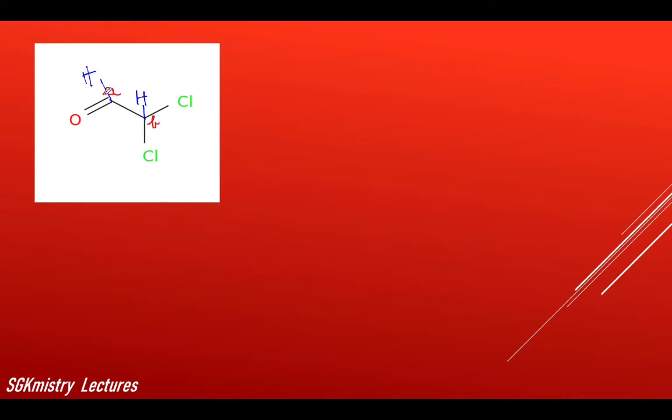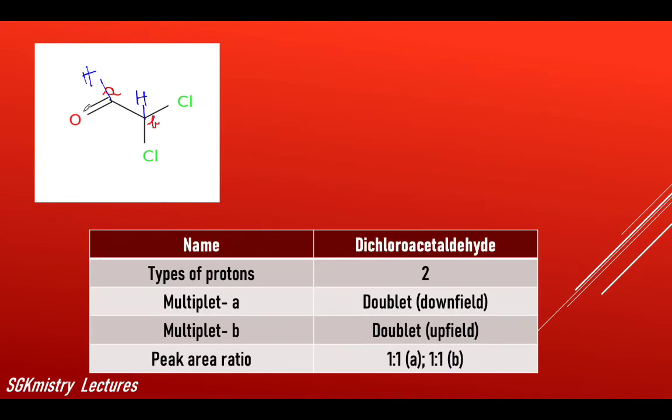So the signal due to A will split into 2, that is n plus 1 will be 1 plus 1, that is 2. Here for hydrogen B, there is one neighboring hydrogen because of the carbonyl group. So here again the hydrogen B will split into 2 because there is only one hydrogen, so 1 plus 1 will give you 2, a doublet. So both hydrogen A and B will give doublets each.